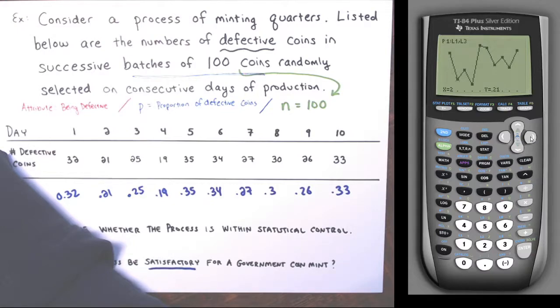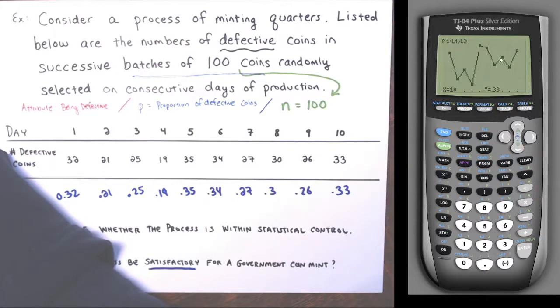The second day sample was 21% defective. The third day sample was 25%. All right, so this is a good P chart, where the horizontal axis is the days and the vertical axis is up and down. You can't really see the axis, but the second values are all proportions.